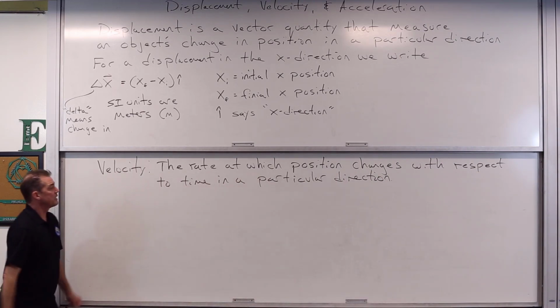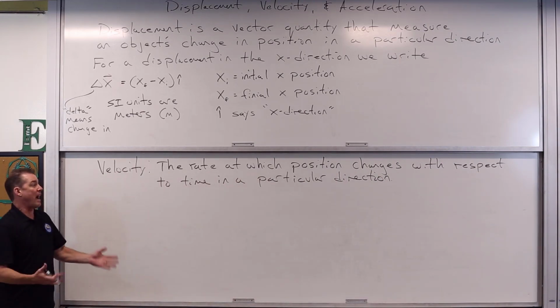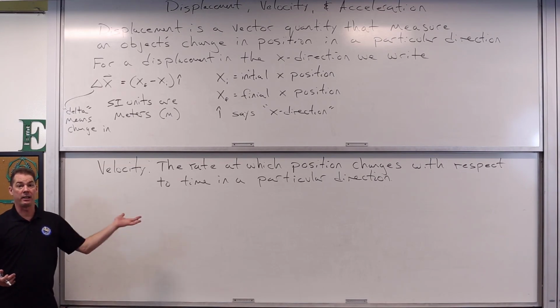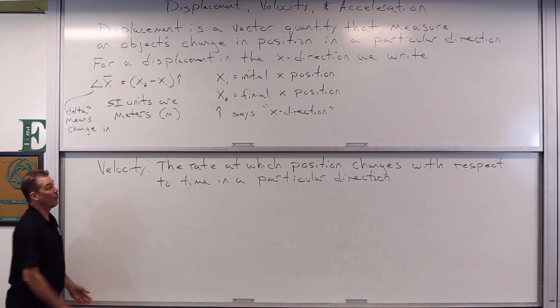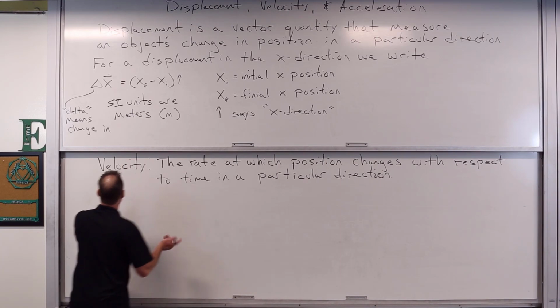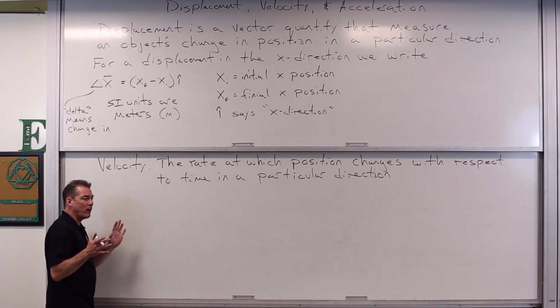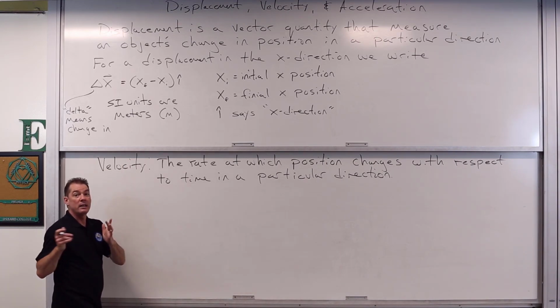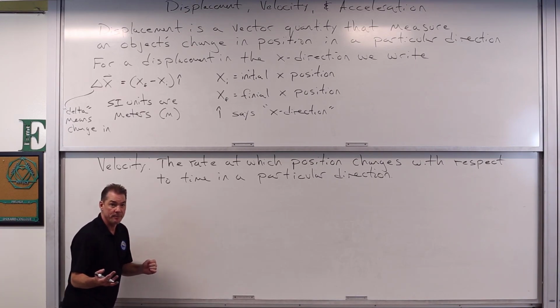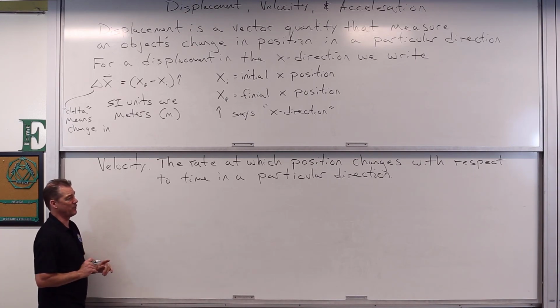All right, so there's a definition of velocity. It's how fast something's going in the particular direction that it's moving. So there's a couple different ways that we're going to deal with velocity. We can deal with an average velocity, or we can deal with an instantaneous velocity.